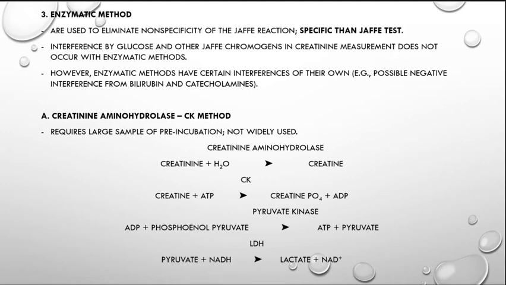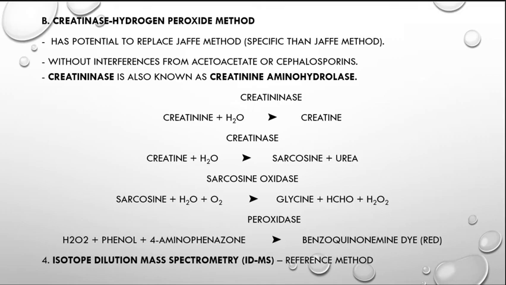It requires a large sample and pre-incubation, so it is not widely used. Next we have your creatinase hydrogen peroxide method. It has the potential to replace your Jaffe method because it is more specific. And creatininase is also known as the creatinine aminohydrolase enzyme.